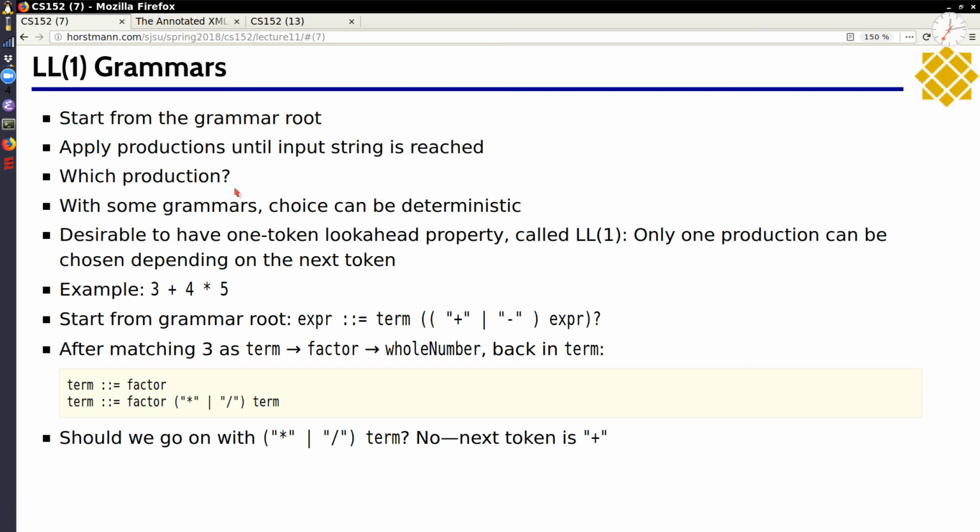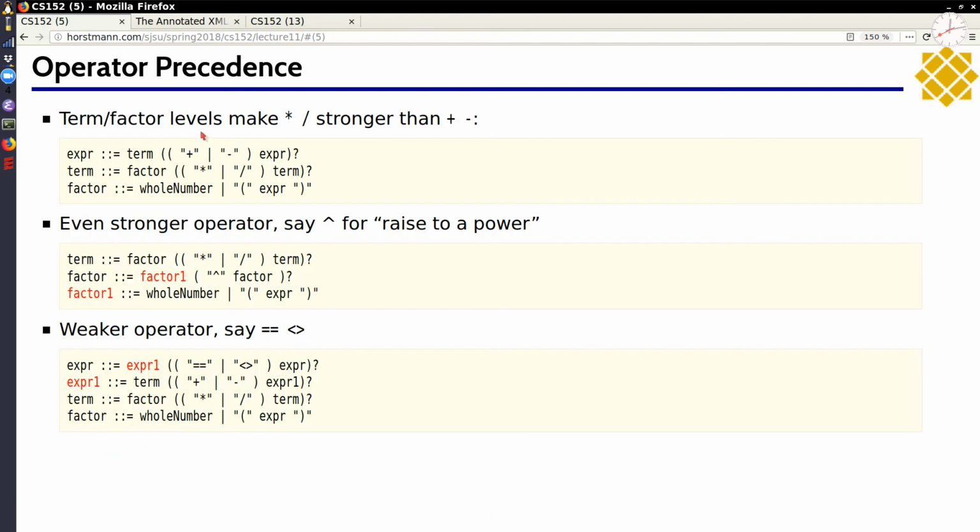So if you just look back at this grammar here, the choices are always when you have a vertical bar or when you have a question mark. So when the expr function at some point has to make its calls to term, and then it has to make a choice. Does it continue? Or does it say, I had enough?